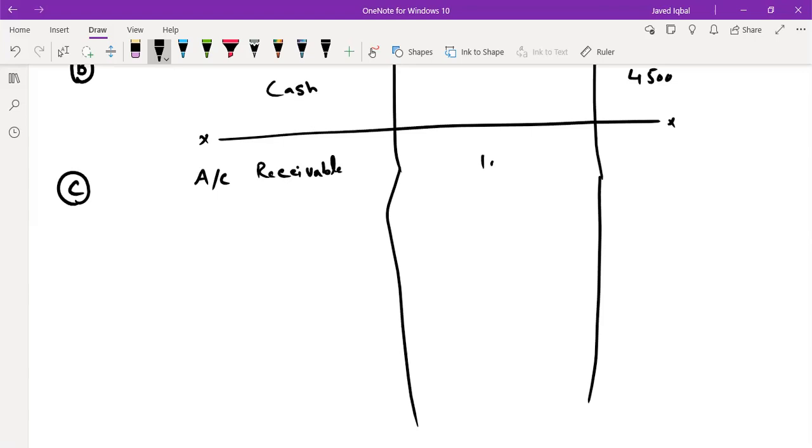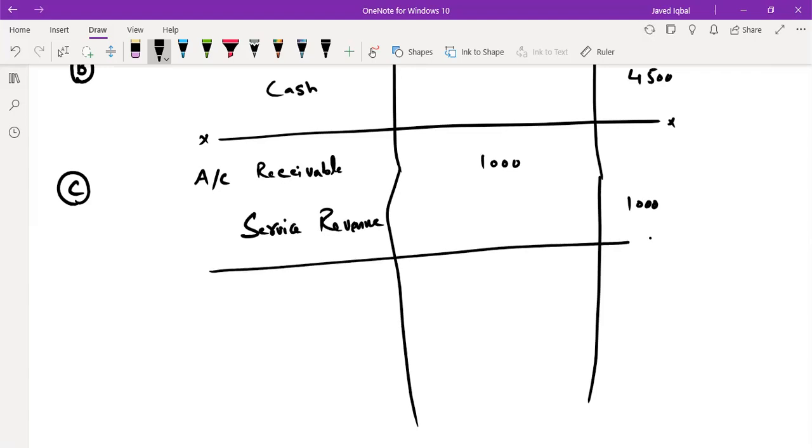Of 1,000. Since it is a service, it will be service revenue, 1,000. Since you mentioned clearly that customer will pay at a later date, that is why we have to write it as accounts receivable. We can't write it as cash.